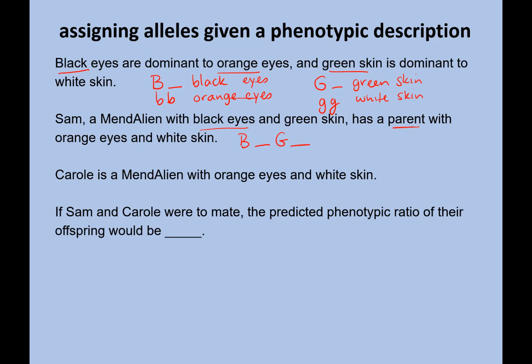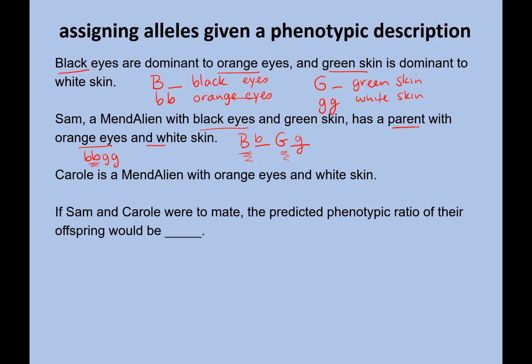Has a parent with orange eyes and white skin. Why is that important? That's important because it tells us that even though Sam has the dominant phenotypes, he's actually heterozygous because he had to get a little b and a little g from that parent.